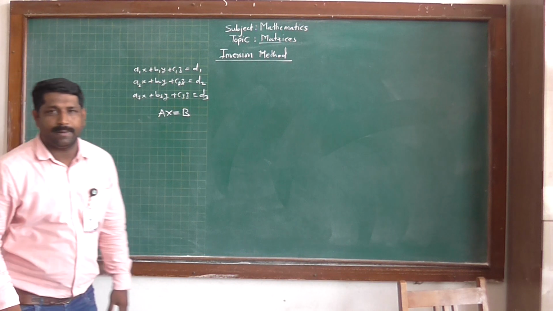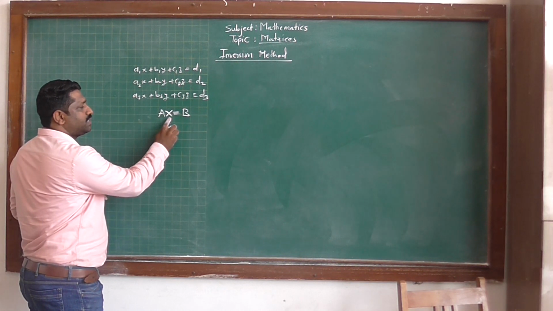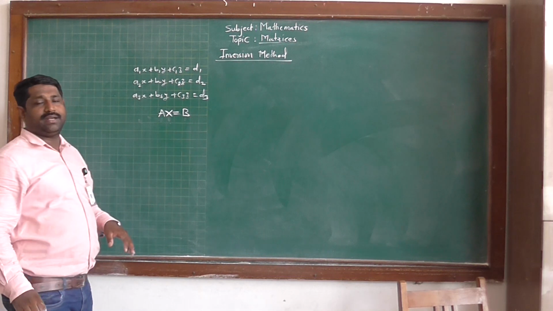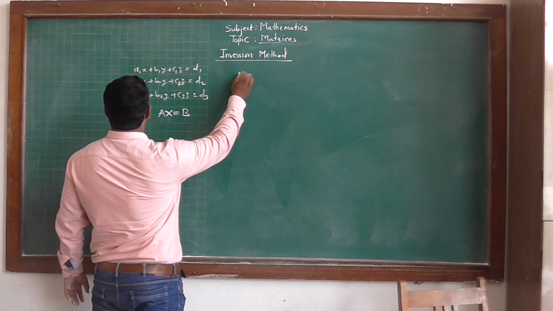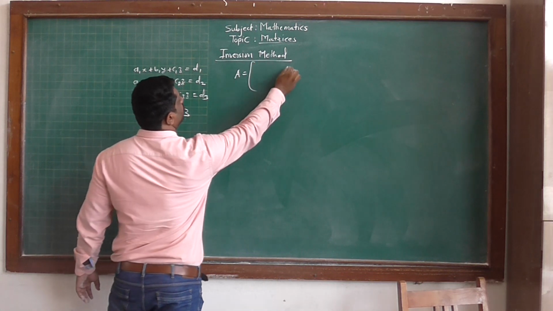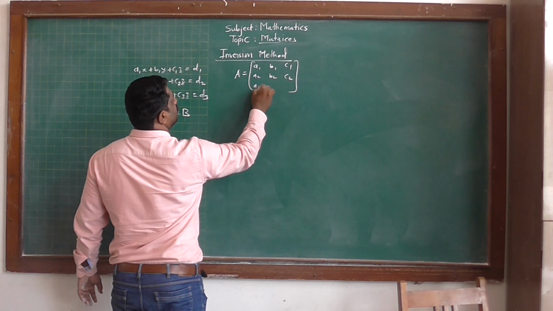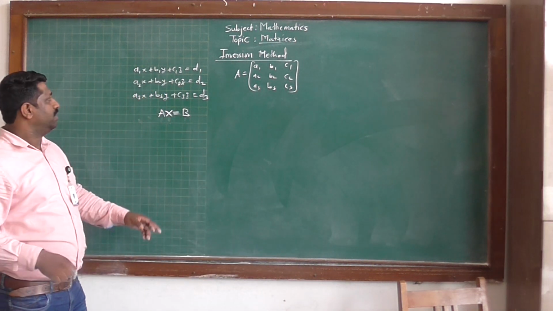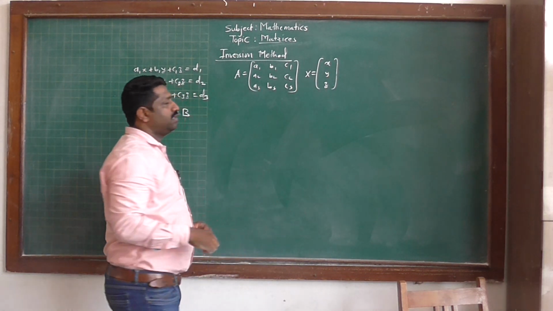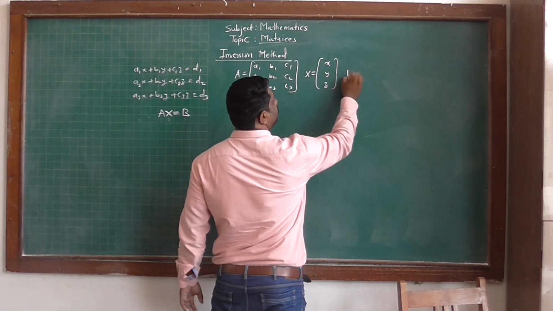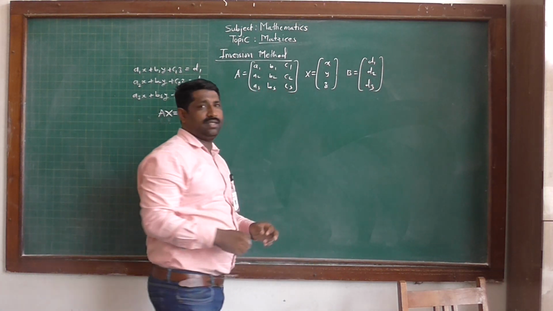Again we will write this in matrix form, where A is the matrix of coefficients, X is the matrix of unknowns and B is the matrix of constants. So here A is nothing but the matrix of coefficients: a1 b1 c1, a2 b2 c2, a3 b3 c3, matrix A. Now X is the matrix of variables x y z, and B is the matrix of constants, that is d1, d2 and d3.